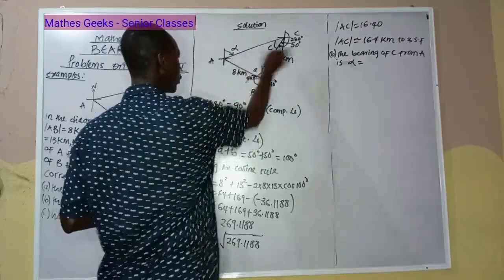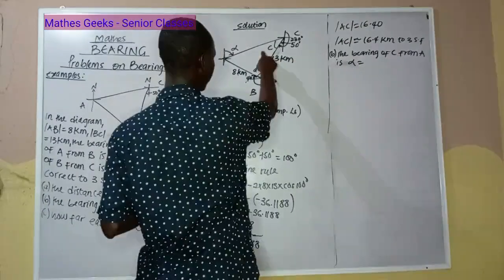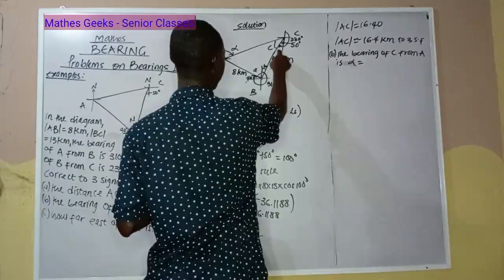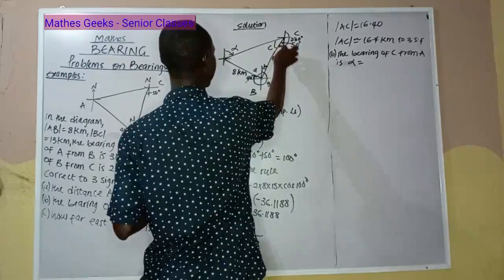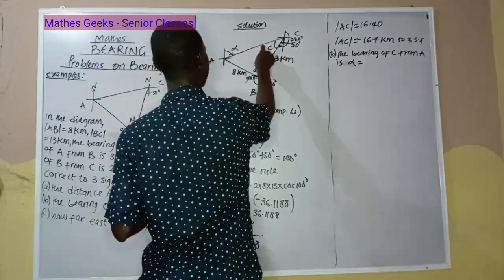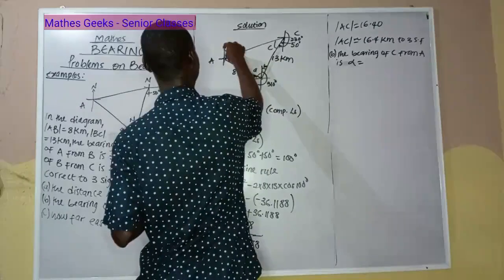Or we can do it this way. We see that since this side is 50 degrees and this is C, from the south to this line is alternate to alpha, which is from the north to the line.